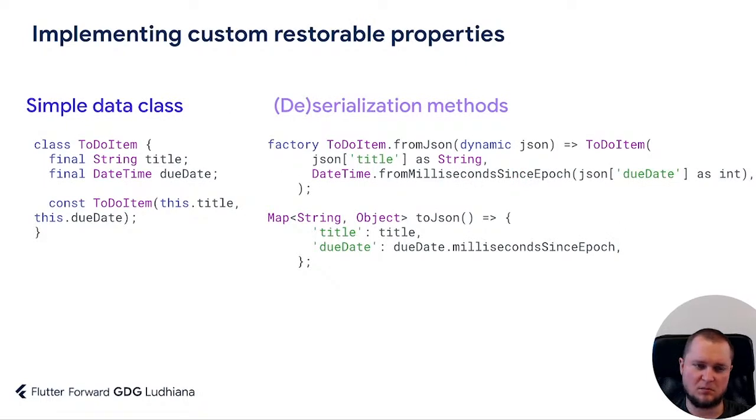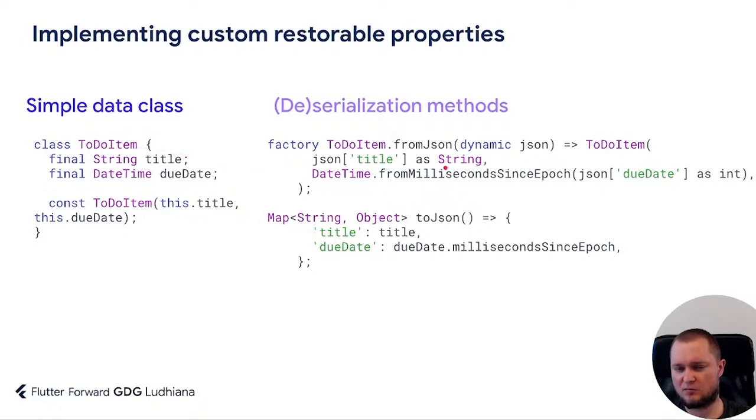This is more complicated than the previous one. We have item class for the to-do item. It looks like this, pretty simple. And we have a list of those items. First step is to make this class serializable.